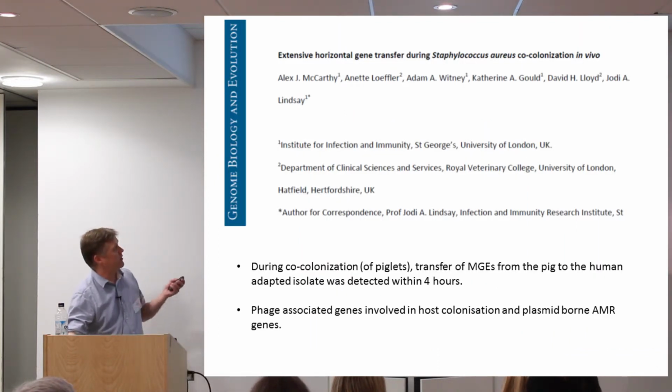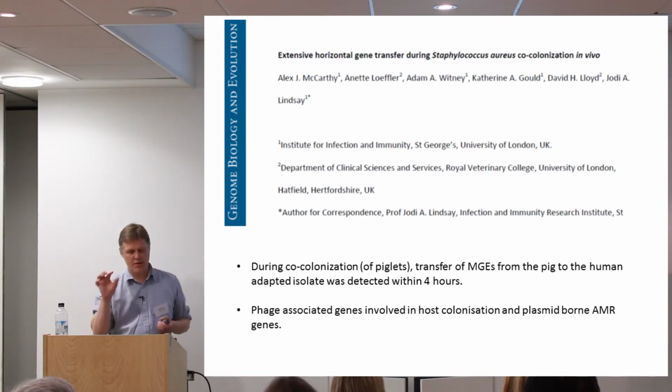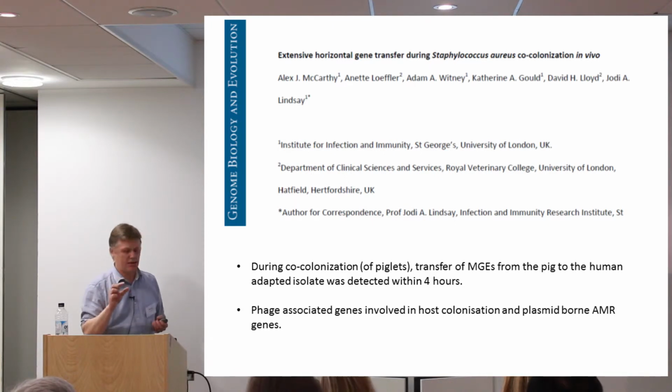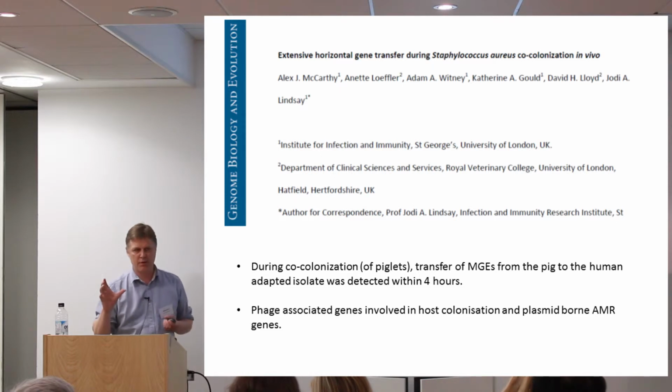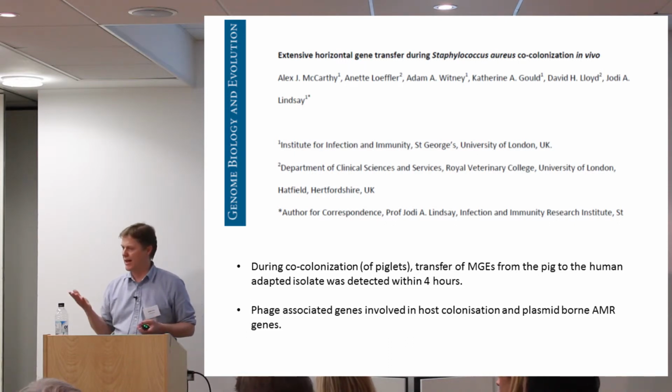I could only find this pre-production publication version of Jodie's paper, but effectively looking at that CC398, looking at isolates that are human-adapted and pig-adapted, when those strains are put into a pig, then the human-adapted strains acquire mobile genetic elements from the pig-adapted strains within 4 hours, including phage-mediated and plasmid-mediated.